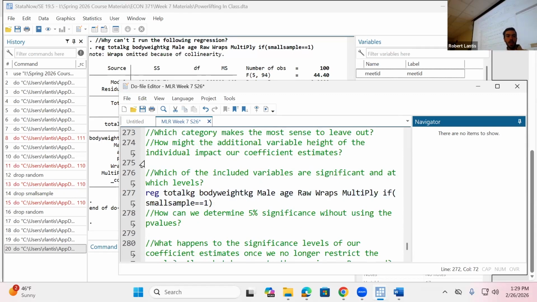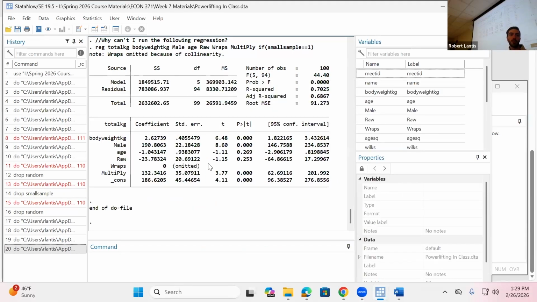So here, if I wanted to know the difference between the predicted weight of that multiply or that raw category, what would I do here? Well, those coefficients on those two variables are always relative to the group that was left out. So if I want to know the difference between those two categories that were included, what would I need to do?